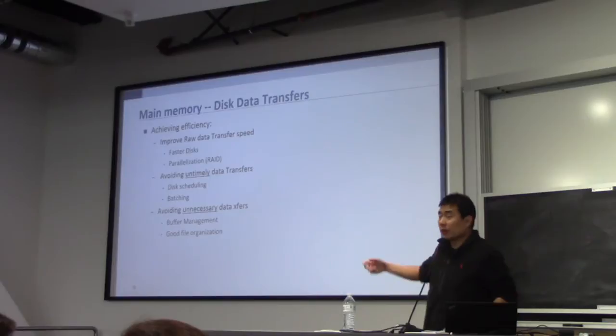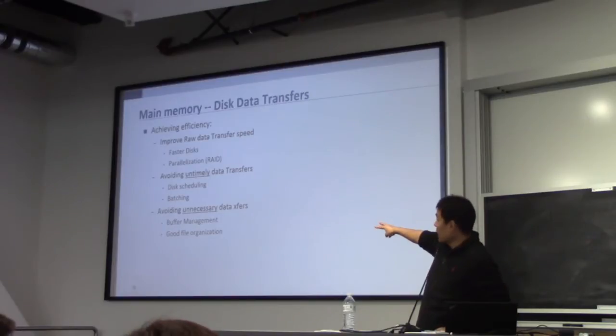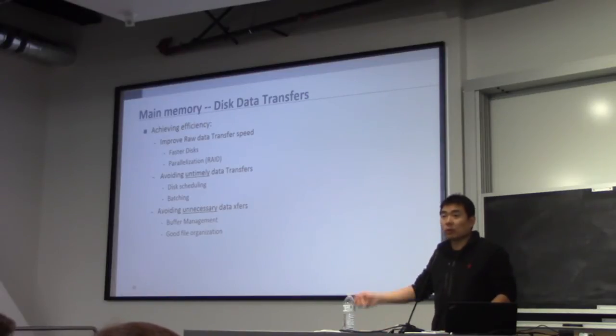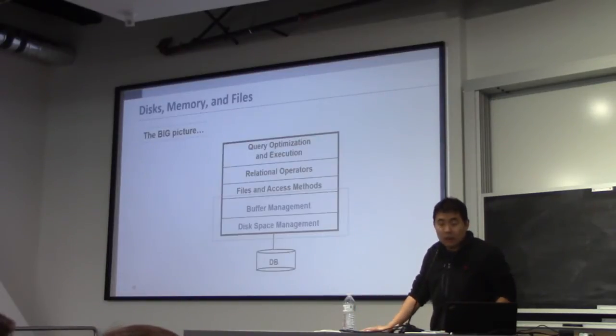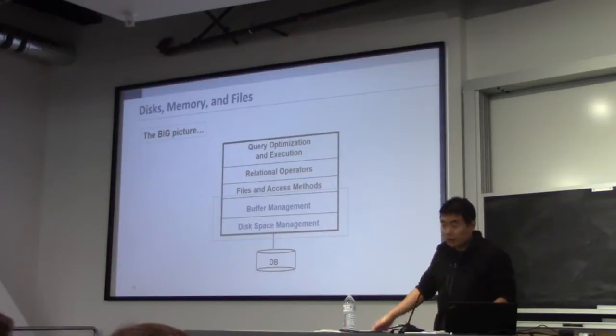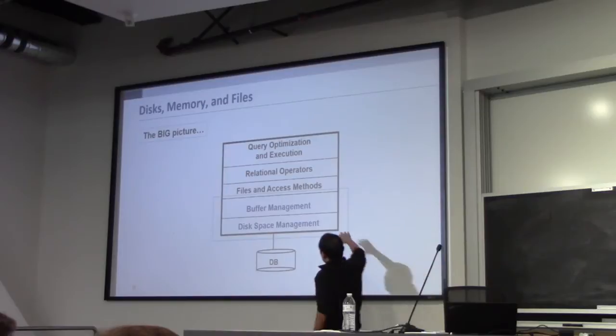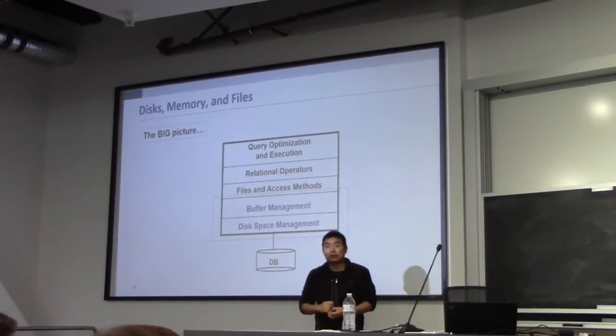There are many ways of doing this, which we will highlight later on, such as disk scheduling, batching, buffer management, and good file organizations. That's essentially what we'll be covering in the later part of today's lecture, right? So this introduces two layers in database systems called buffer management and disk space management.